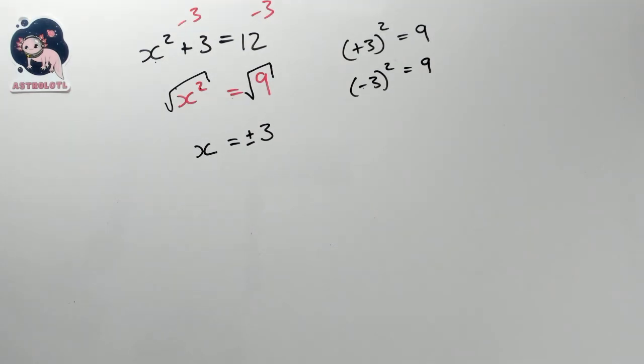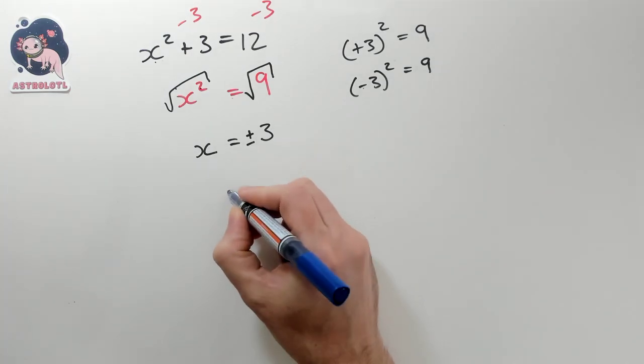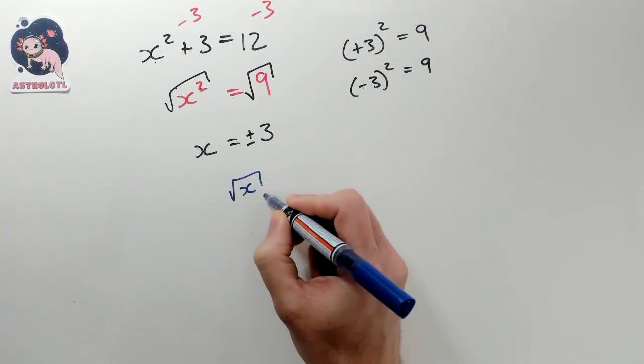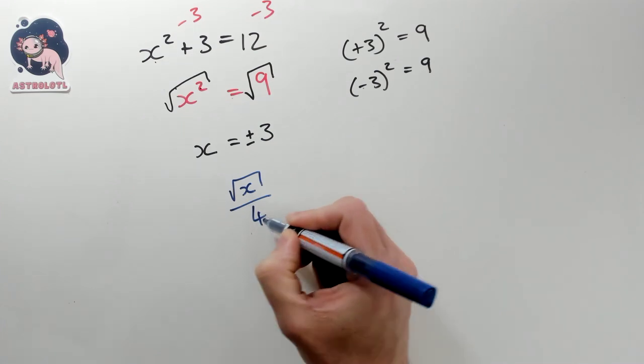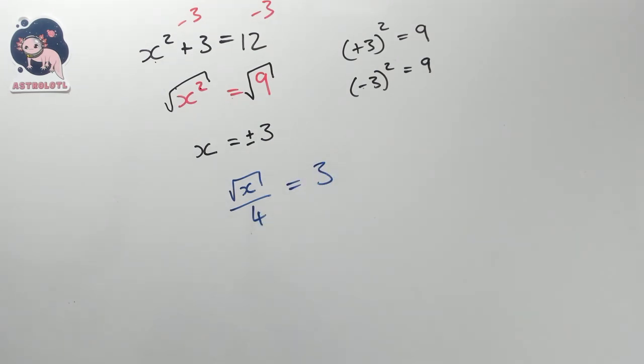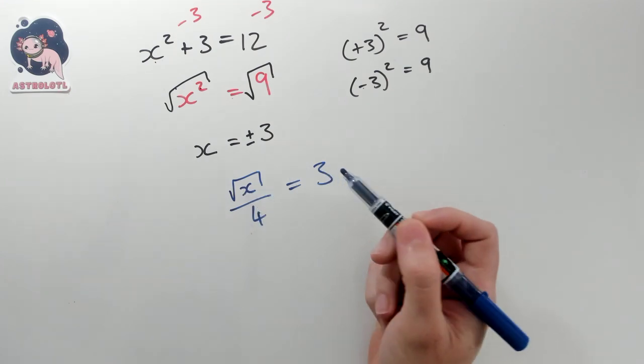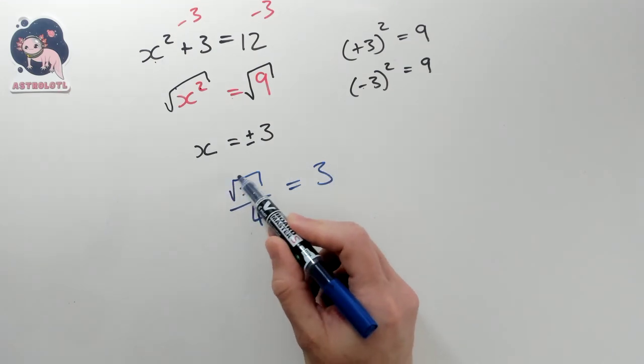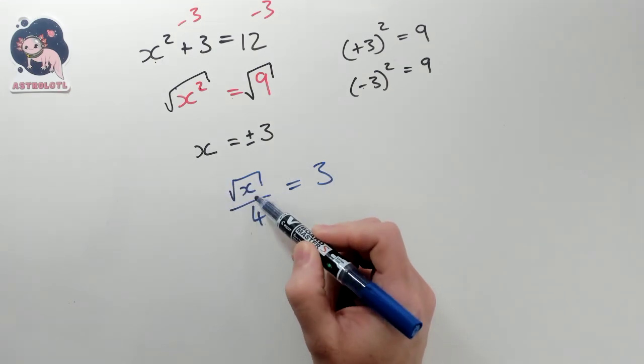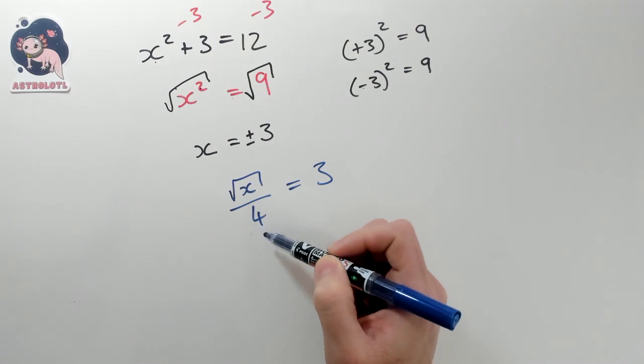So let's take a look at another example of a complicated, let's say, equation. It's not extremely complicated, but again, guessing is not going to be our number one option here. We have to take it apart step by step, and I have to say, what is being done with this x? There's two things being done. First, we're taking the square root of the x, and then we're also dividing it by 4.